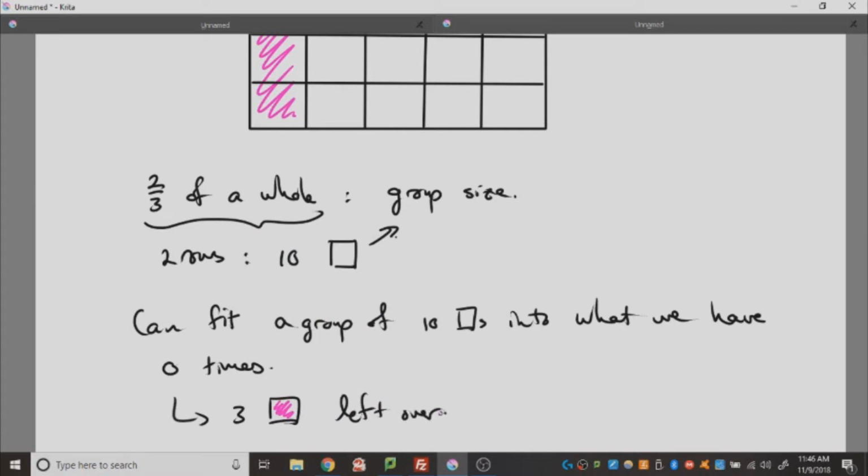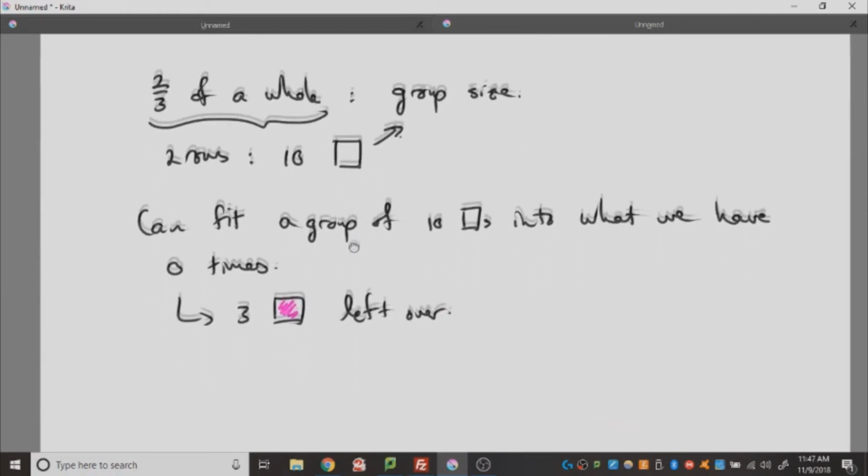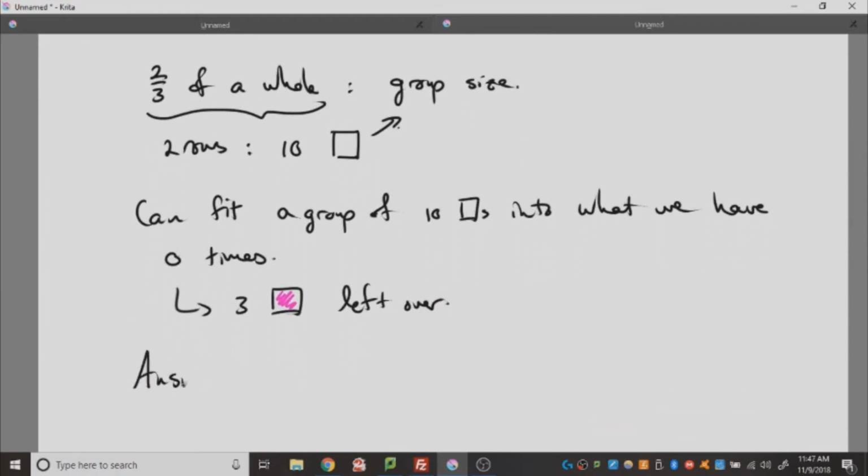I didn't have enough to fit in the group even once. I still tried, but I just didn't have enough. I have 3 left over. How much of my group can I fit then? What fraction of my group can I fit? 3/10. Let me rephrase that. I can fit 3/10 of the group into what I have.